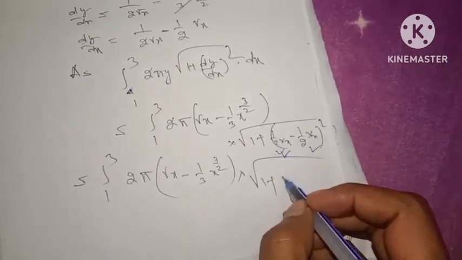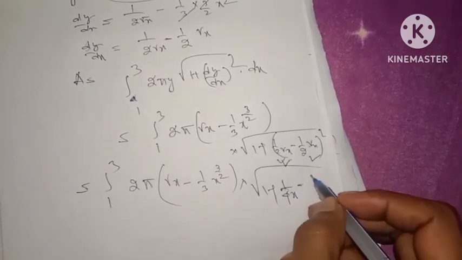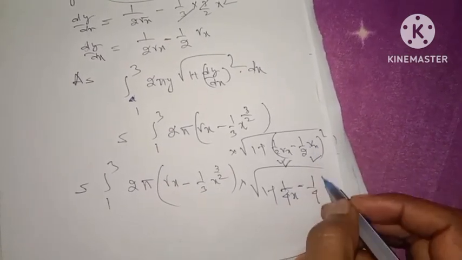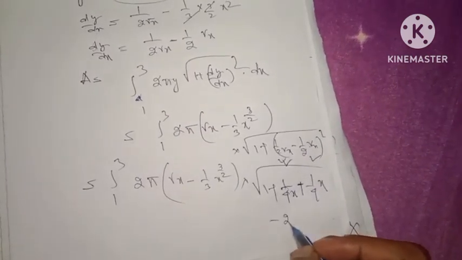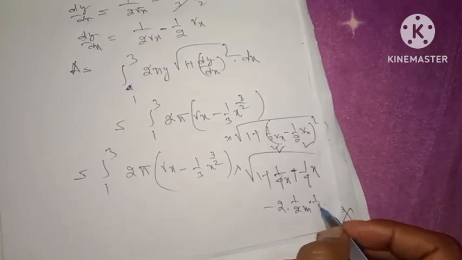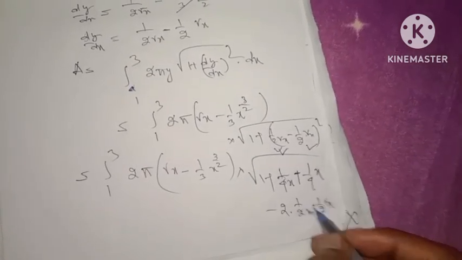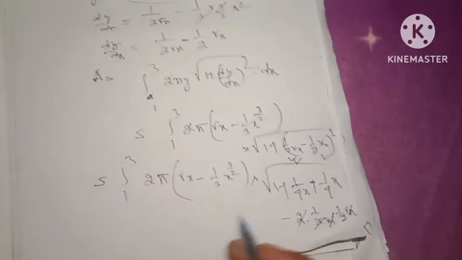When you square 1 by 2 root x, you get 1 by 4 and root x square will be x, so 1 by 4x. Similarly, 1 by 4 and root x square will be x, so x by 4. This is a square plus b square minus 2ab, where a is 1 by 2 root x and b is 1 by 2 into root x. Then root x cancels and 2 and 2 cancel, leaving minus 1 by 2.